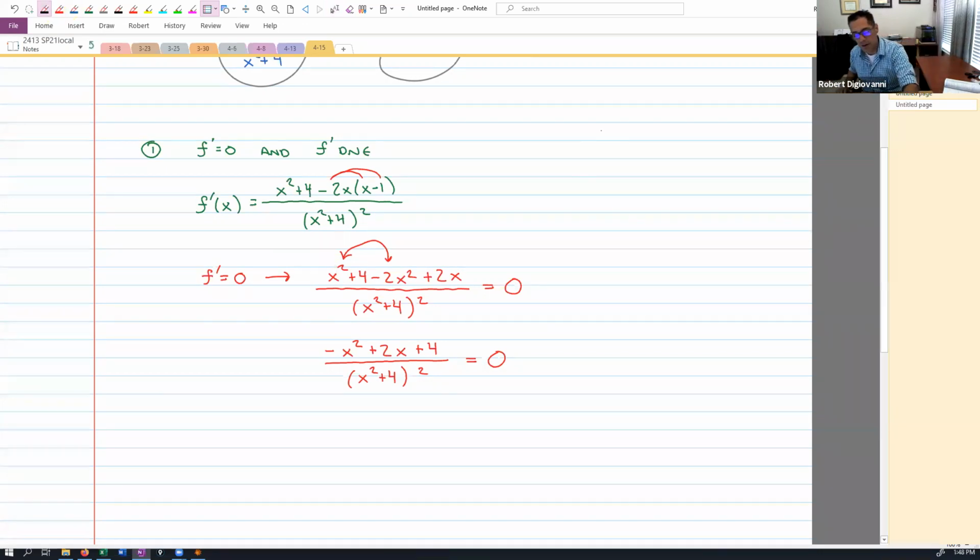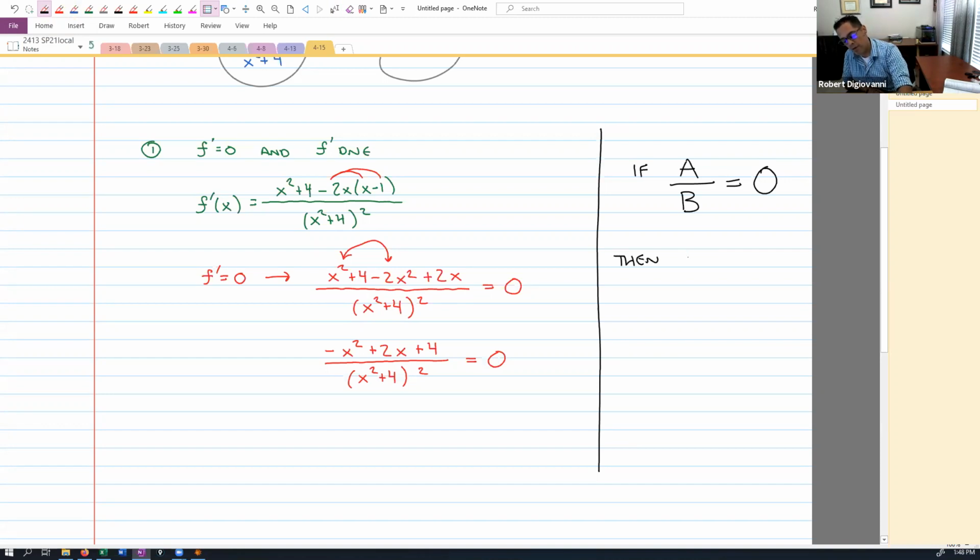Little side note here. If you ever have a fraction a over b and you're setting it equal to 0, okay? If this ever happens in your mathematical life from this point forward, if you ever have a fraction that's equal to 0, then all you ever have to do is set the numerator equal to 0.